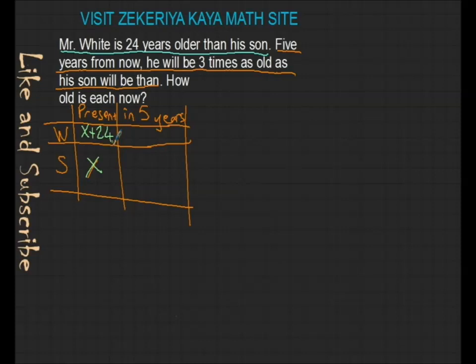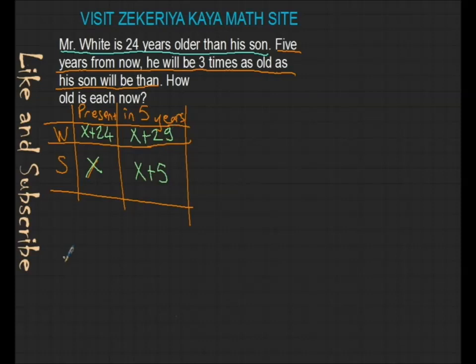In 5 years means 5 years in the future, so both of them will get 5 years older. We will add 5 to their ages. Right now, his son is x years old. After 5 years, his son will be x plus 5 years old. Right now, Mr. White is x plus 24 years old. After 5 years, 24 plus 5 makes x plus 29. Now, I completed the table.